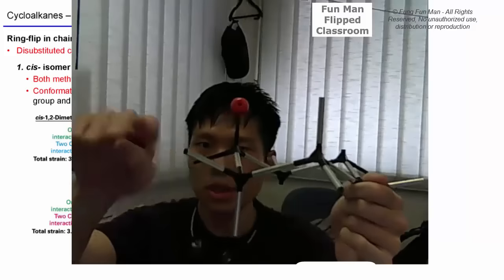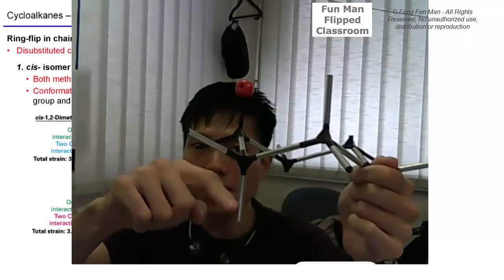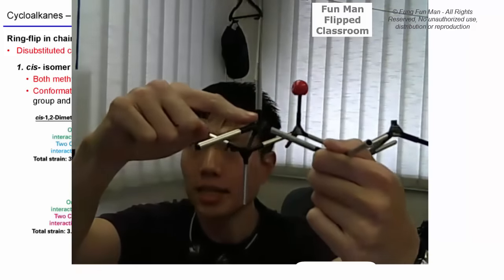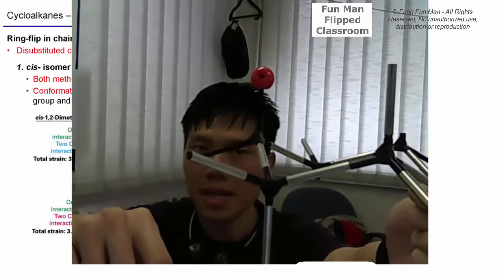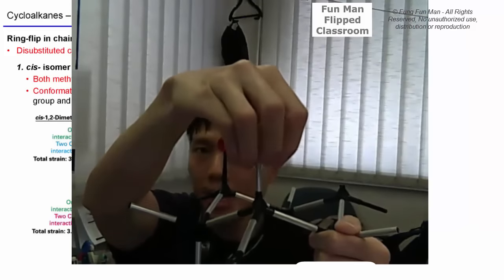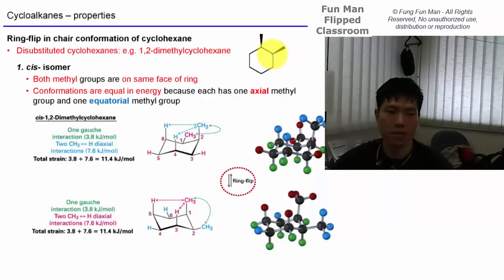This is the up because the other one's down. So for the first one, this is up and that's down. For the second one, this is up and that's down. So one of the methyl groups is going to be axial and the other equatorial. And if you do a ring flip, it's similar. There's no gain in energy because you always have one that's axial, one that's equatorial if it's 1,2 disubstitution, and they're both cis.